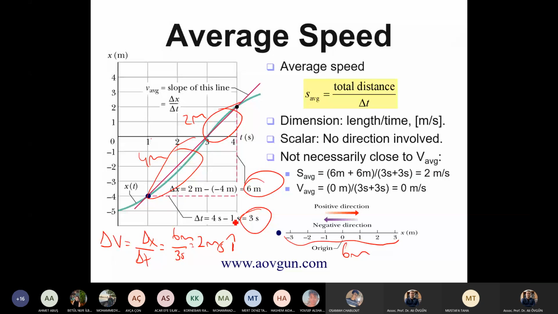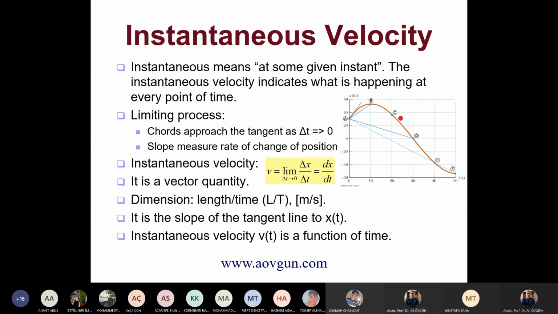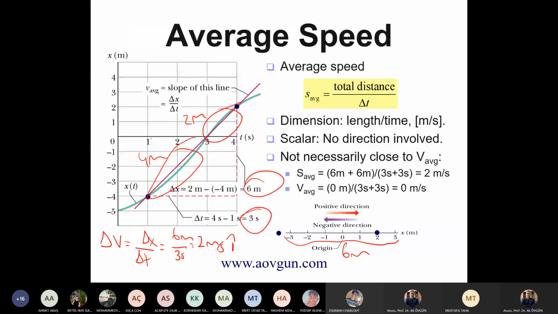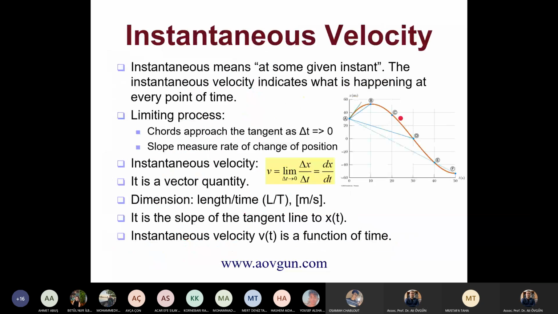So if total distance is 6 meter, and for example, passing time is 3 seconds, how can you find the average speed? 6 over 3. These are not real examples, they only give you in the figure, but the real examples are coming in the next slides.